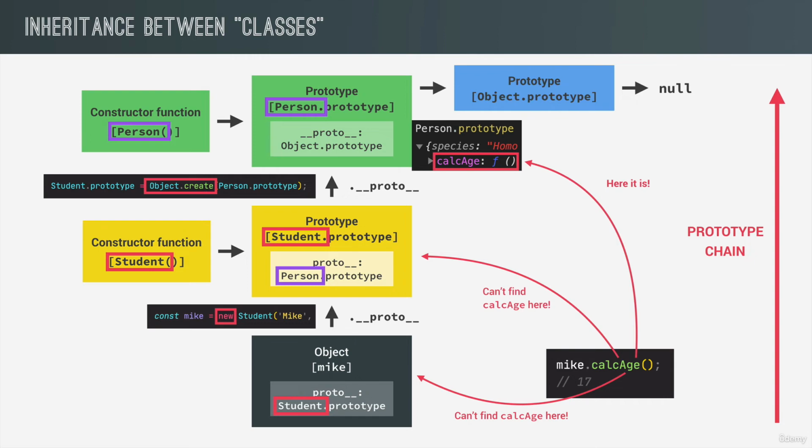And with this, we now have the full picture of how inheritance between classes works with function constructors. And of course, with ES6 classes, it works exactly the same internally. All that changes is the syntax. So when we do the same thing in the next video using ES6 classes, then keep in mind that it's going to work just like I described here.